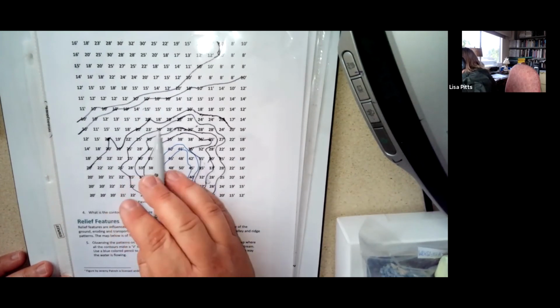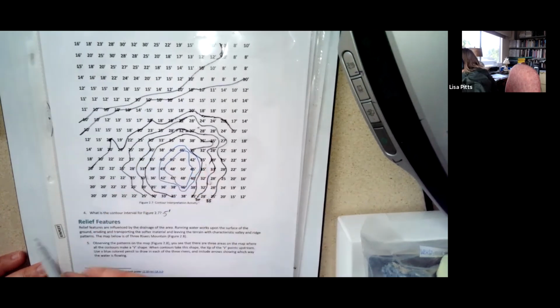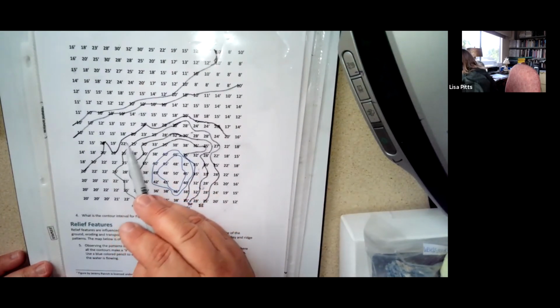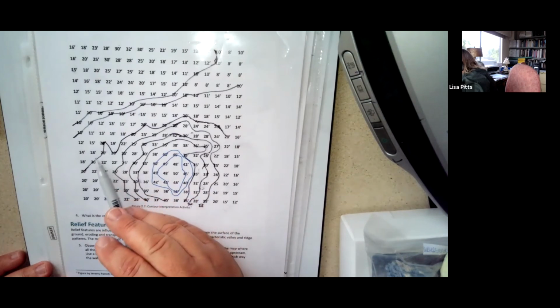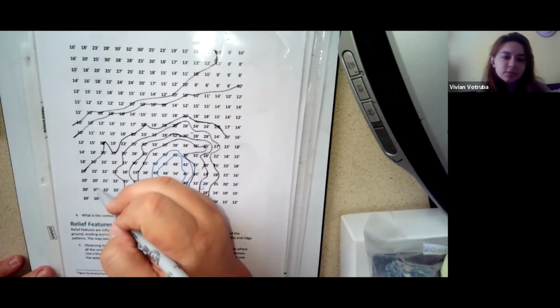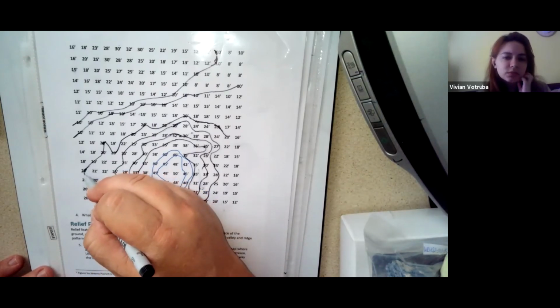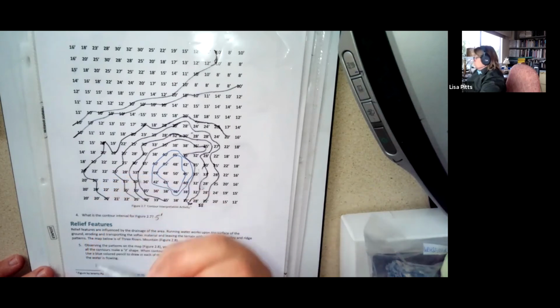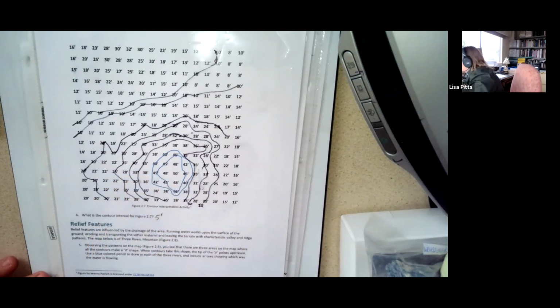It should be between 20 and 25. Did I miss one? No, that's right. That's cool. Yeah, that should be okay. We could even do this if we wanted to. Make it look like there's a mesa over there.